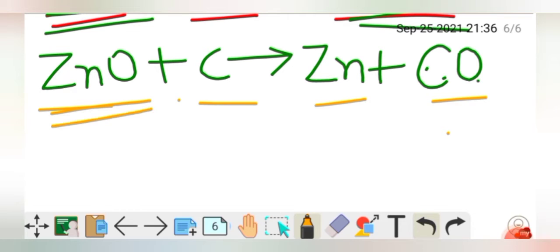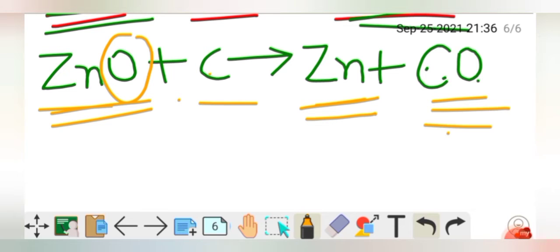ZnO, zinc oxide, forms Zn, that is zinc, and the oxygen has been removed. So this is also an example of a reduction reaction. Then we'll move on to the next topic, that is redox reaction.